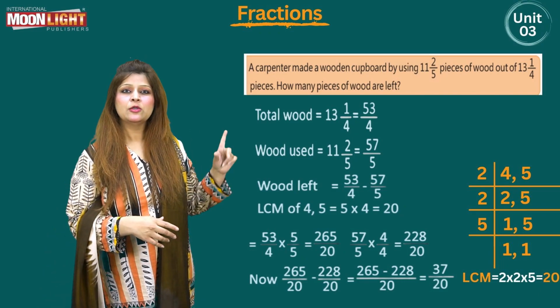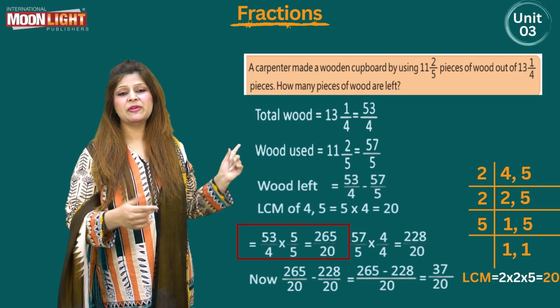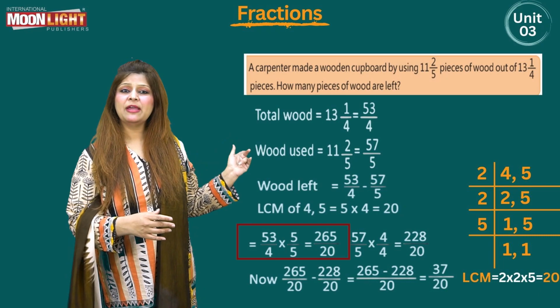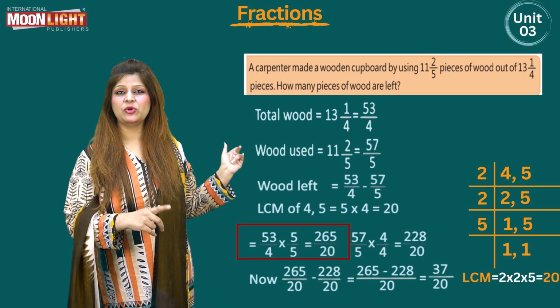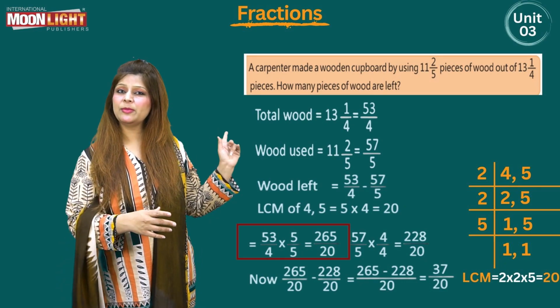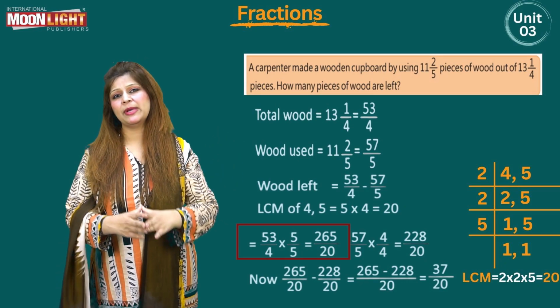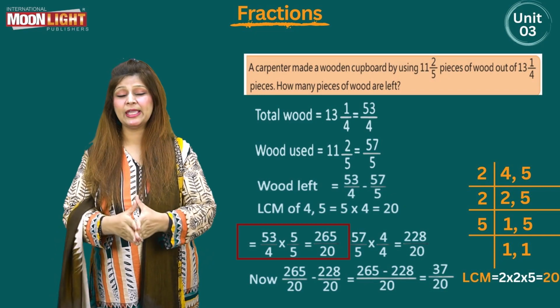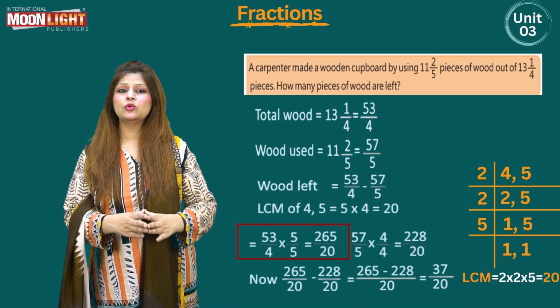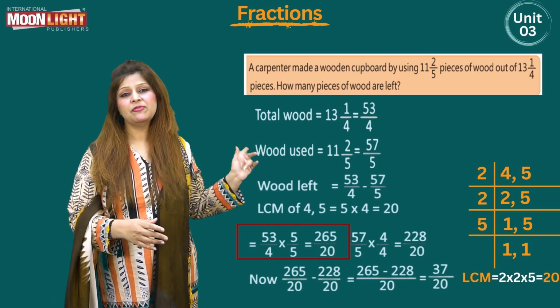You remember that. So 53 by 4 is my first fraction. Check the number 4. 5 4s are 20. So I'm going to multiply numerator and denominator both by the number 5. So 53 multiplied by 5 is 265, and 4 5s are 20.